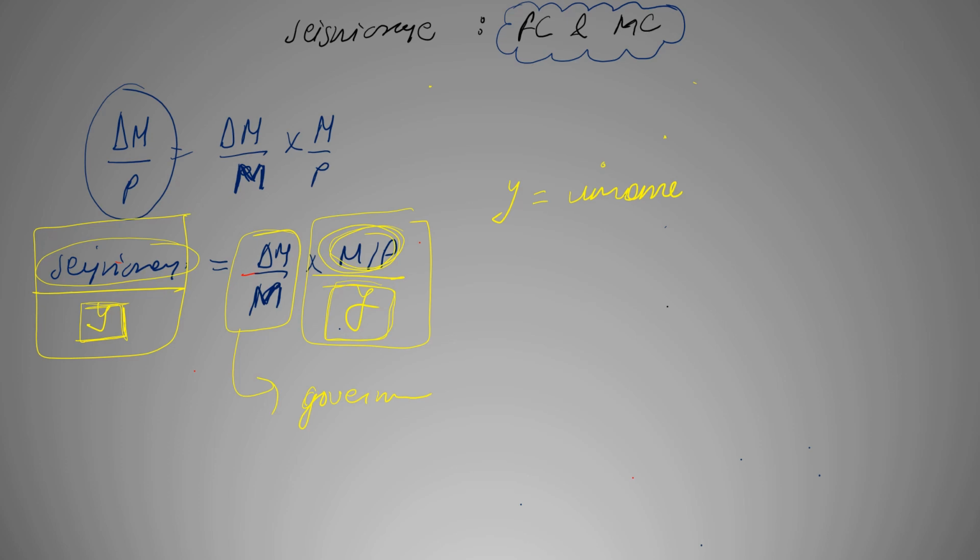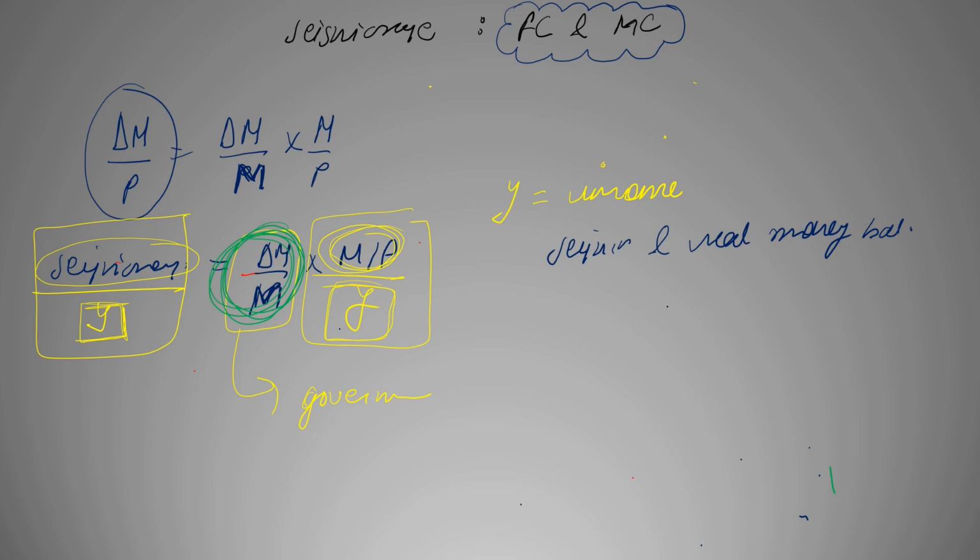Okay. Now there's a relation between Seigniorage and real money balance, which is, the government has control over this, so the government has made its calculations and accordingly it has introduced this much money in the economy, right?